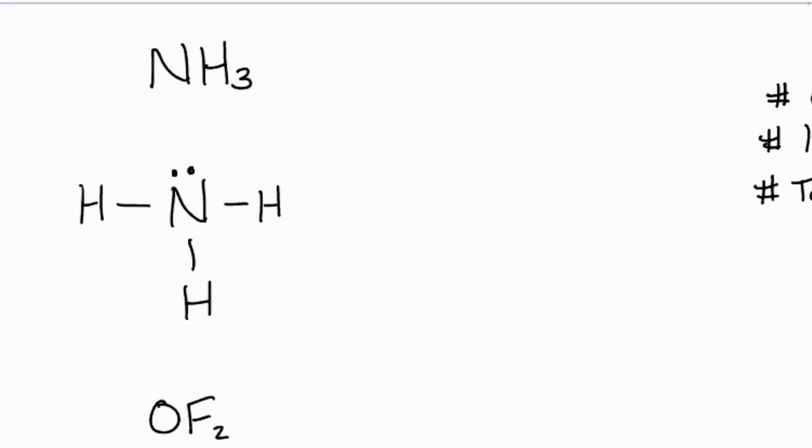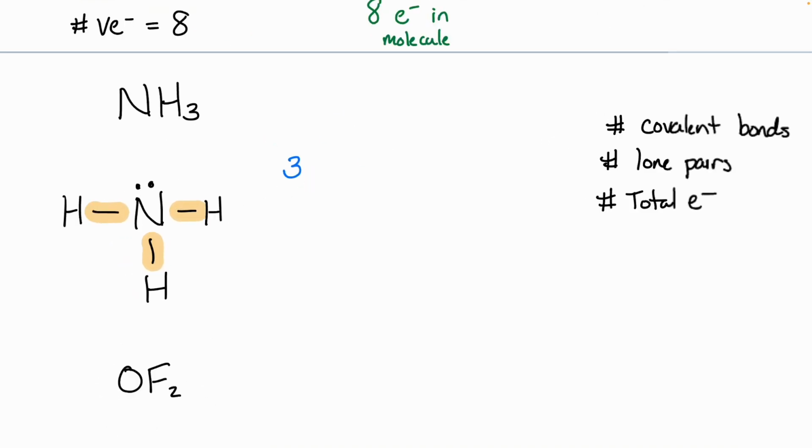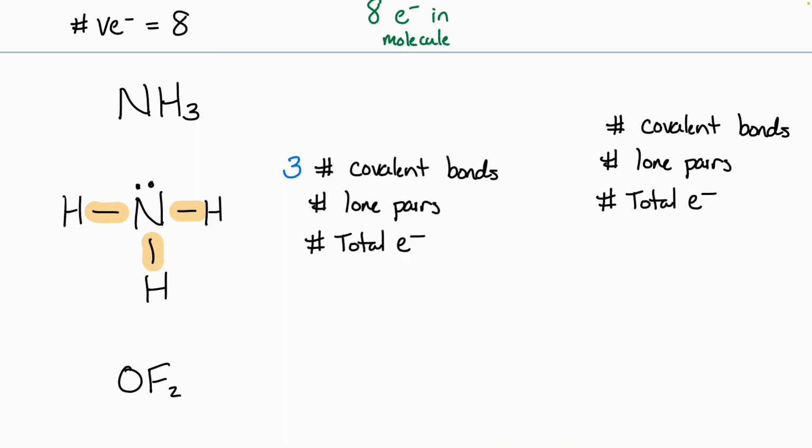Okay, so if we're going to look at our molecule here, we have 1, 2, 3 covalent bonds. We colored those in orange.